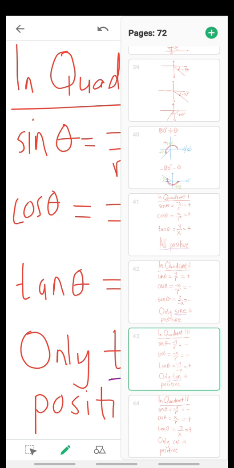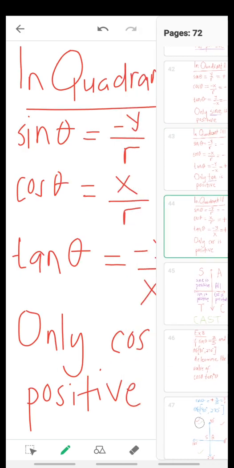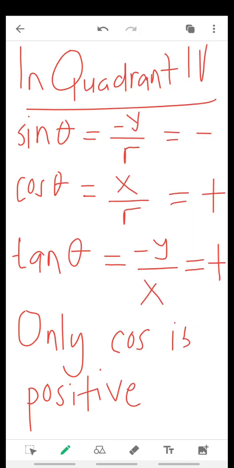Then lastly, in quadrant number 4, the x-axis is positive and the y-axis is negative. Meaning all x values in the fourth quadrant are positive, all y values are negative. So only cos was positive in quadrant number 4. This is very important.